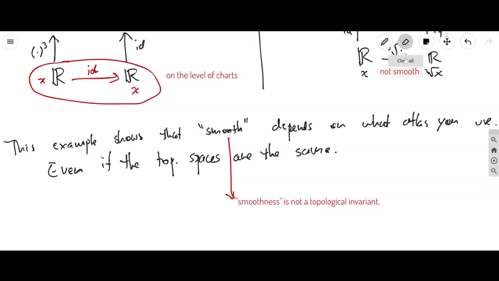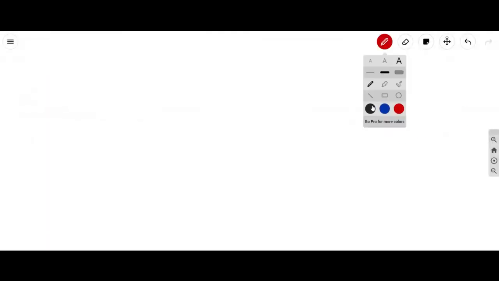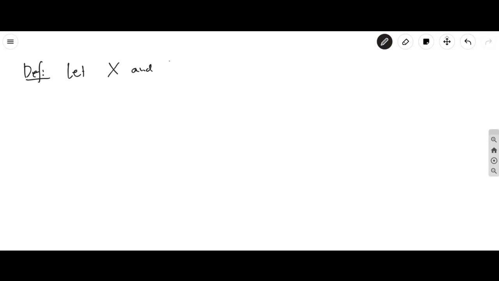And let's also say, what is a diffeomorphism? So, definition: let X and Y be smooth manifolds. So again, we're assuming that we have a smooth atlas here. We often do not even reference it unless we have to.